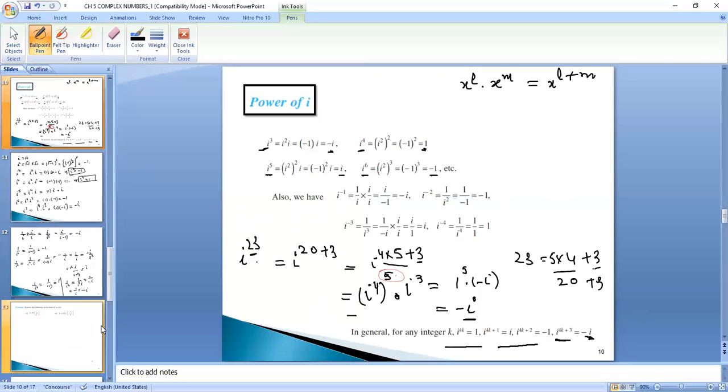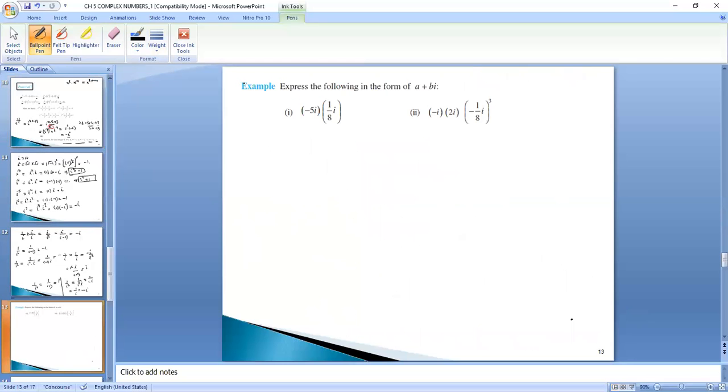Next, we will move to solve. Express the following in the form of a plus b iota. So the solution of the first question, we have to simply multiply the two numbers and express in the form a plus b iota. So I'm taking minus 5 iota into 1 upon 8 iota.